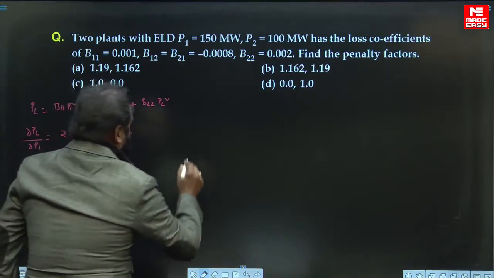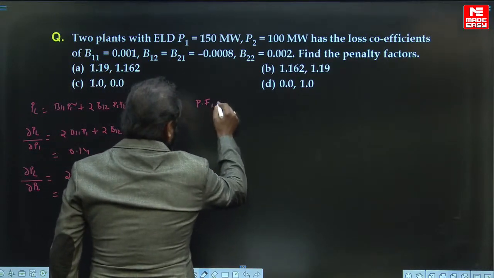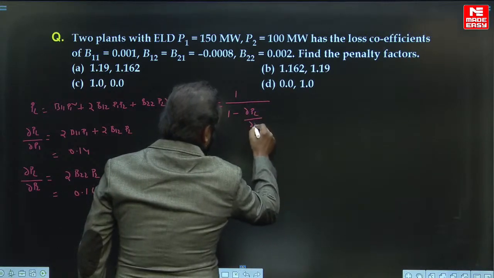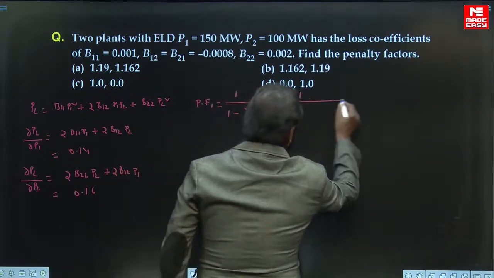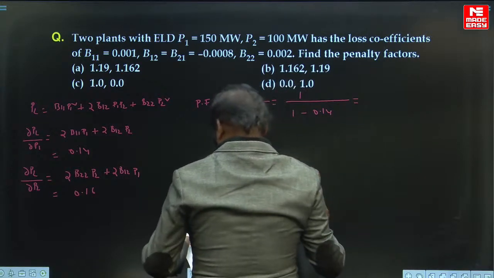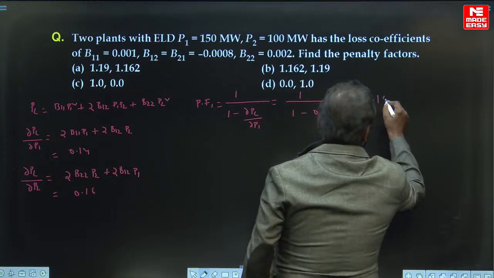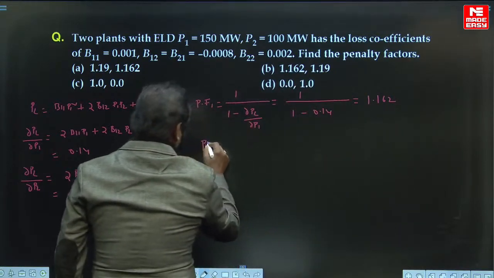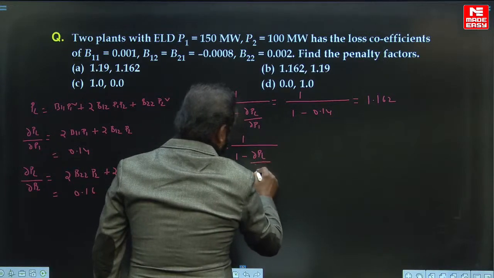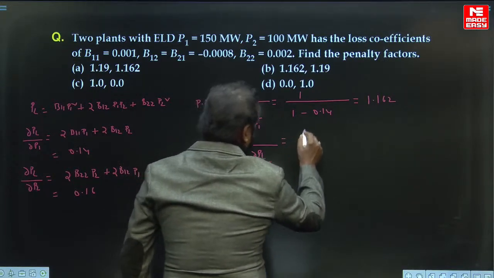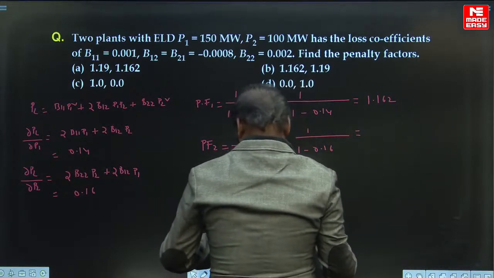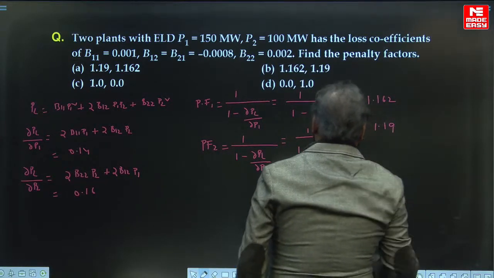0.16. So PF1 equals 1 by 1 minus dou PL by dou P1, so that equals 1 by 1 minus 0.14, that is equal to 1.162, and PF2 equals 1 by 1 minus dou PL by dou P2, so that equals 1 by 1 minus 0.16, that equals 1.19.